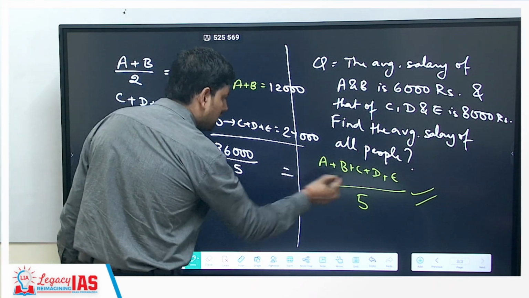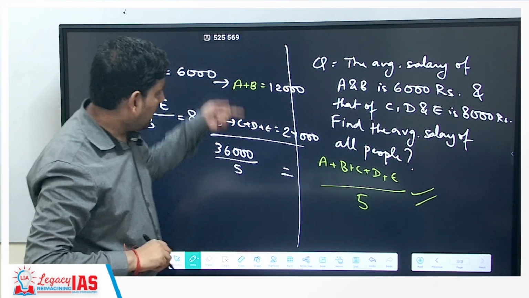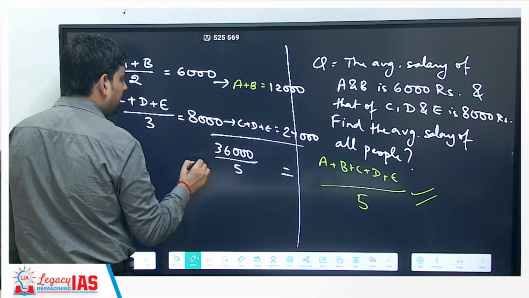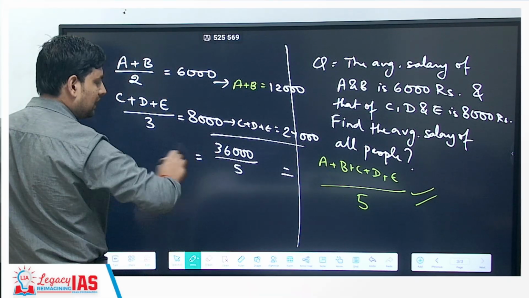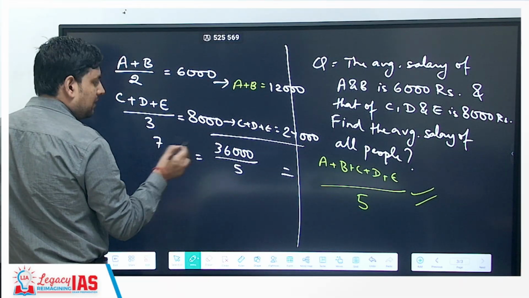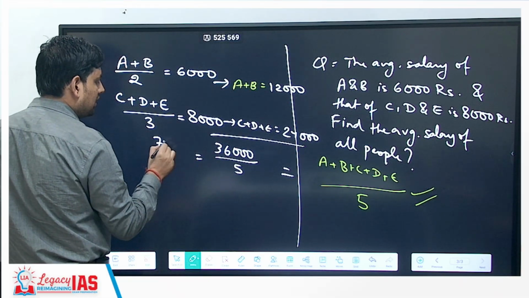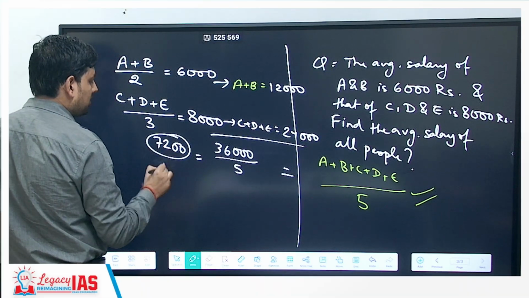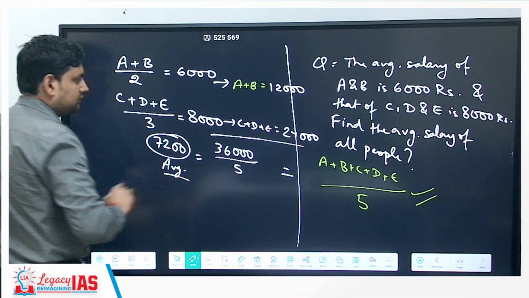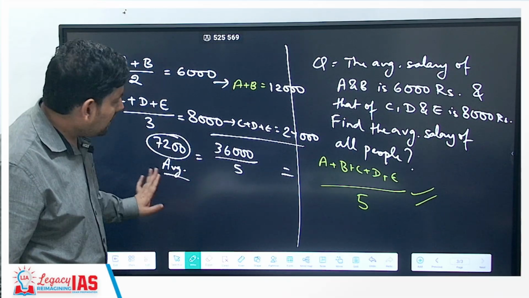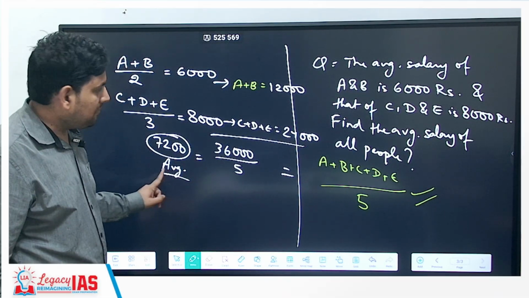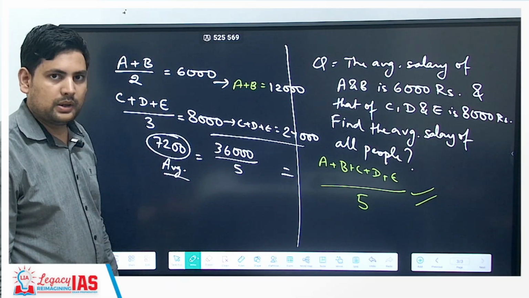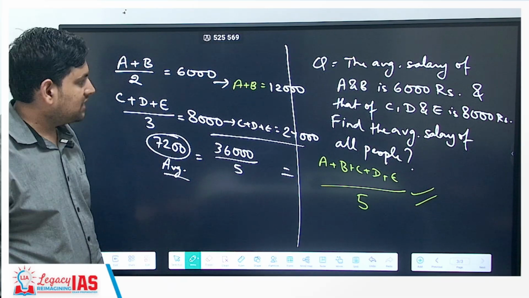This is equivalent to this. Clearly, you're adding both, you're getting this divided by 5. Now, 36,000 divided by 5 will be what? It will go 7 times and 1 will remain with 10, it will go 2 times and then double 0. So this becomes your average. So the average salary of all of them together is 7,200. Understood? This is the basic way.